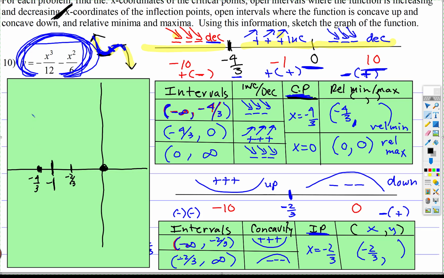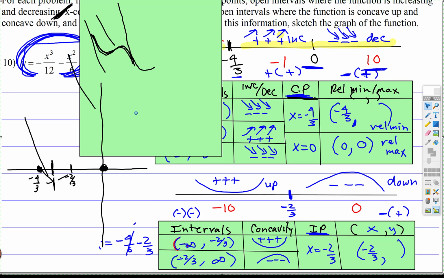So the graph looks something like this, right? So we're going to come down. I'm not doing that very well because it doesn't touch the x-axis at negative 4/3.